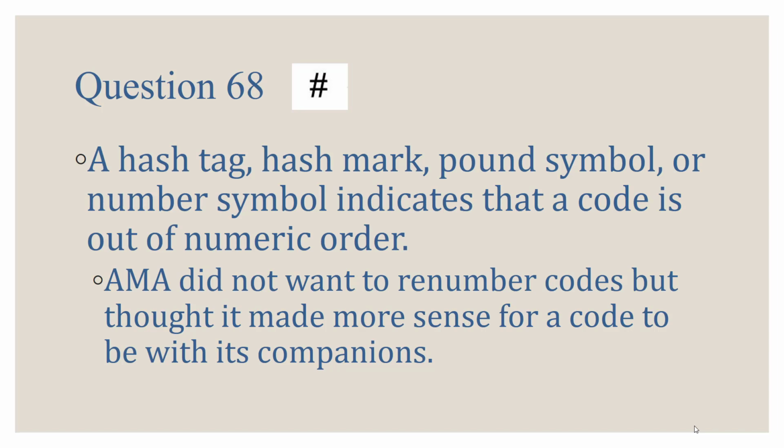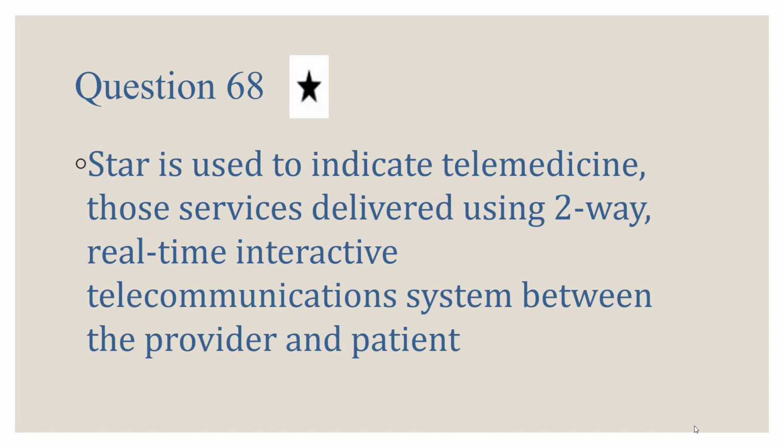The AMA did not want to renumber codes, but thought it made more sense for a code to be with its companions. The star is used to indicate telemedicine codes, those services that can be delivered using two-way, real-time, interactive telecommunication systems between the provider and the patient.